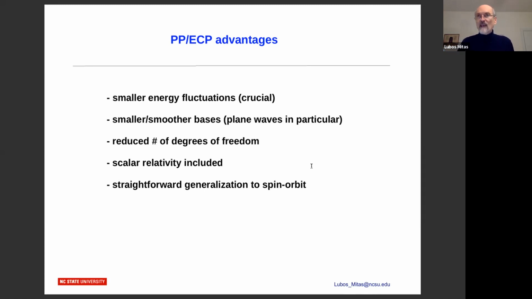In fact, for very heavy elements, you actually use a form of the nuclear potential which doesn't diverge but has a finite density, because the nucleus has a finite density. So in calculations of uranium or those elements, you actually use a potential which doesn't diverge. It will still be terrible to use in QMC, because the fluctuations will be giant.